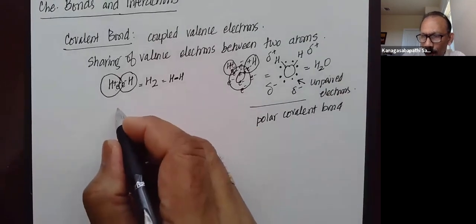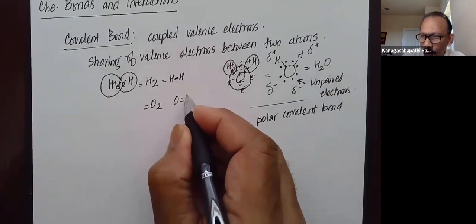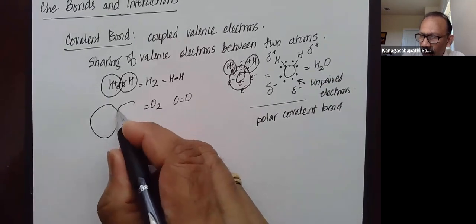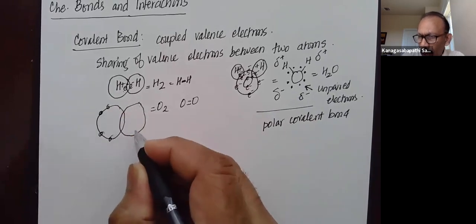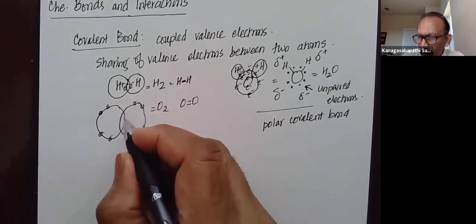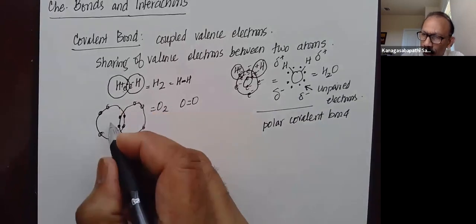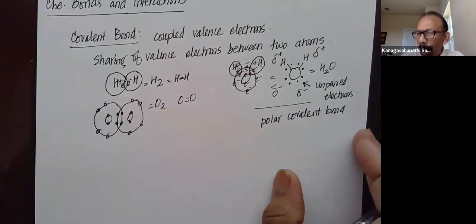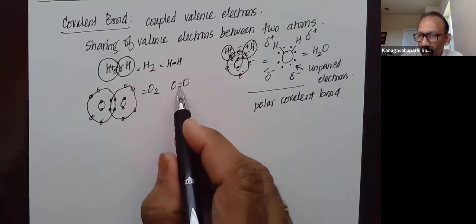Whereas the same thing goes for oxygen. Let me draw O2 here, and you will have a bond like this. Each oxygen has 6 valence electrons, and 2 pairs of electrons are being shared in the middle. That's why they have a double bond.